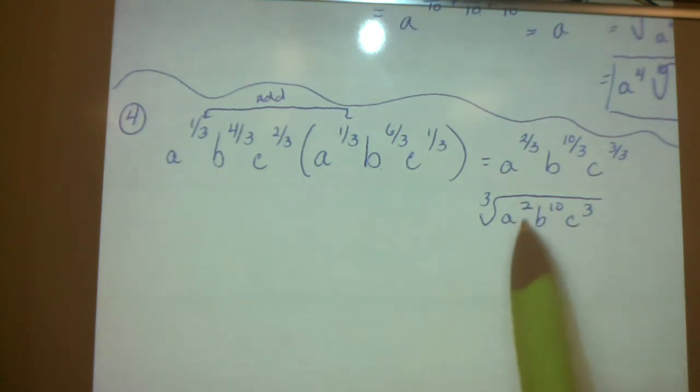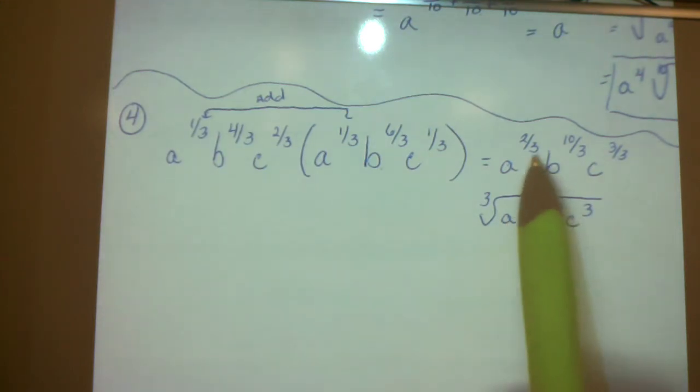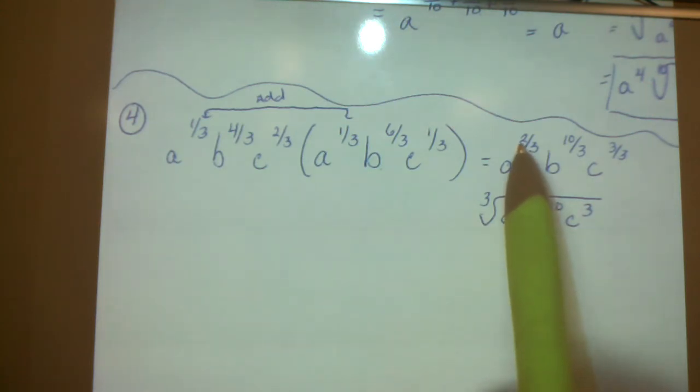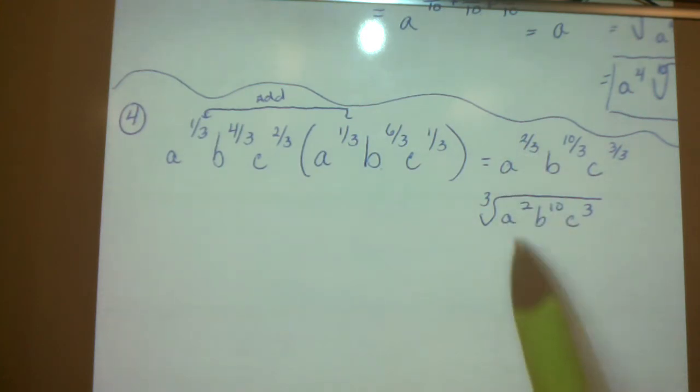Well, I have to have at least 3 of something because I'm grouping by 3's to take it out. This is an a squared. I don't even have enough. And I already knew by looking at this fraction, because this either has to be the same as the denominator or larger than the denominator to take something out. So this a squared's not going anywhere. It's going to stay right underneath.